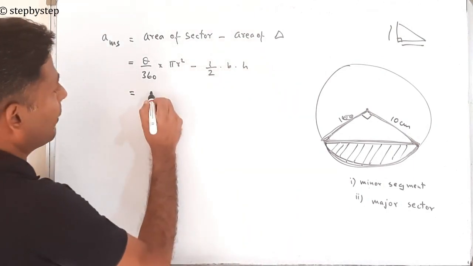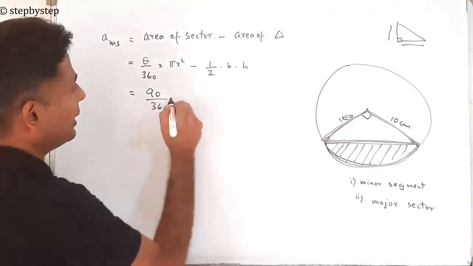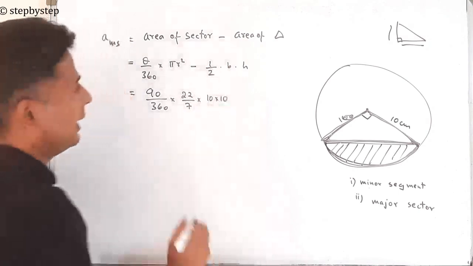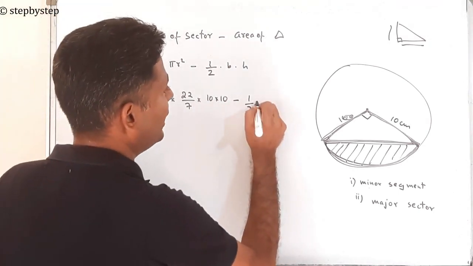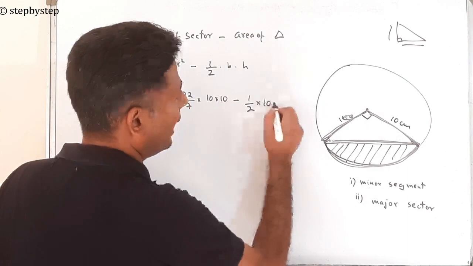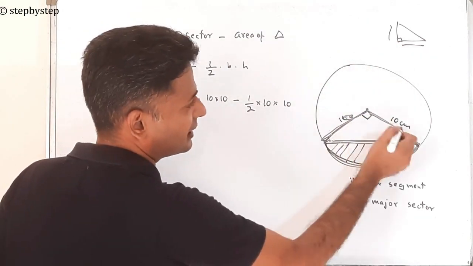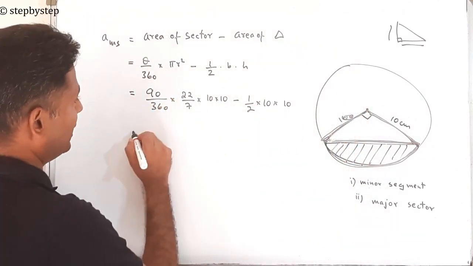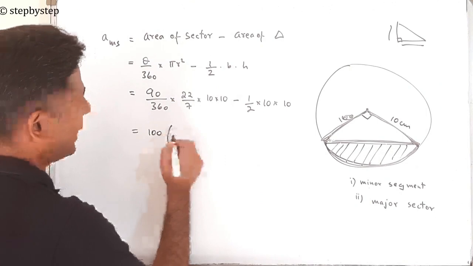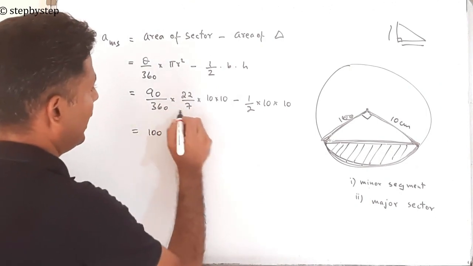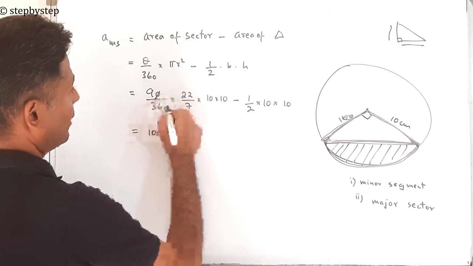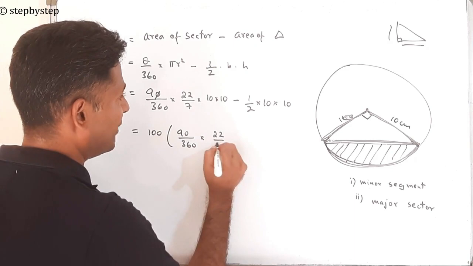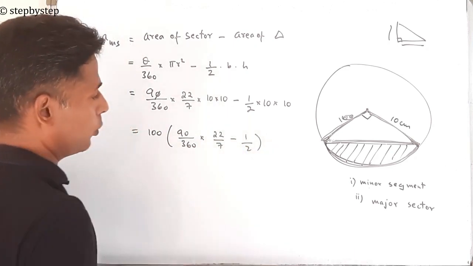So we get theta by 360, that is 90 by 360 into pi r square, that is 22 by 7 into 10 into 10, minus half into base of this triangle is 10 and height also is 10, since this and this are 10. Now I can take 10 into 10 common. So 100, I can take it common, and here I'll do the calculations. What is remaining? 90 by 360 into 22 by 7 minus 1 by 2.